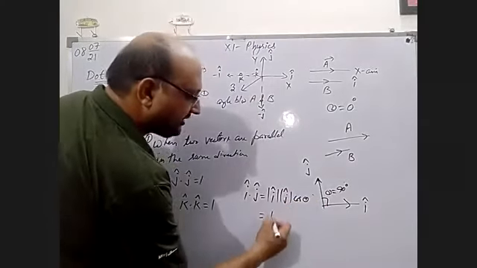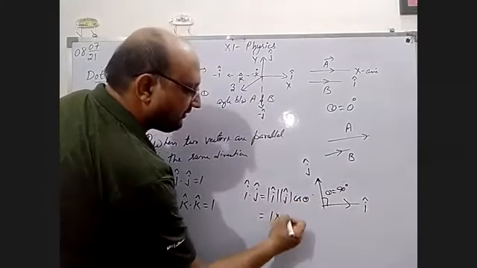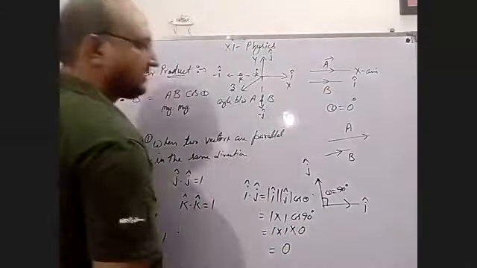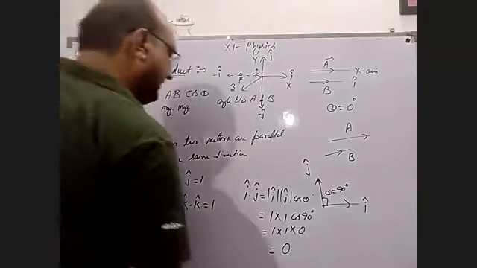Vector i magnitude is 1, vector j magnitude is 1, but cos 90 degrees is 0. So 1 into 1 into cos 90 is 0. So in the special case number 2, if vectors are perpendicular, then the dot product of these vectors is 0.